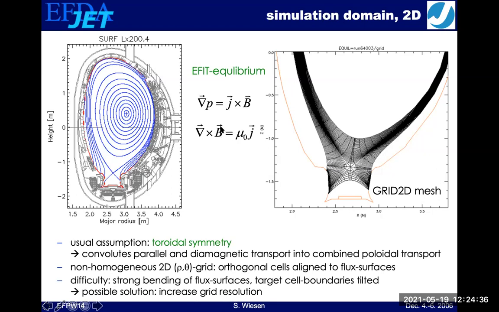And then, of course, the curl of B produces a current. So these equilibria, or equations for equilibria, can be translated into a grid, which is a discretized description of these magnetic flux surfaces. And this grid is aligned with the magnetic flux surfaces. This is the principle of this type of grid.